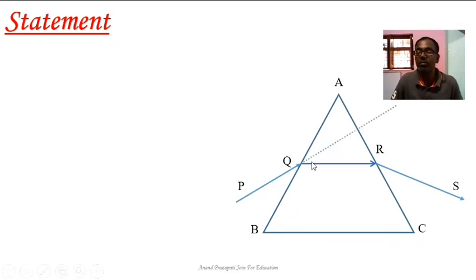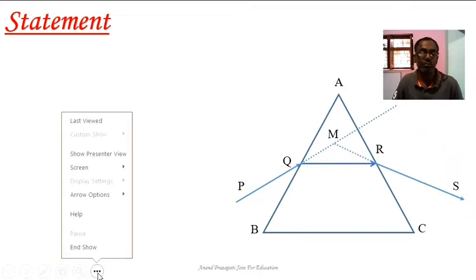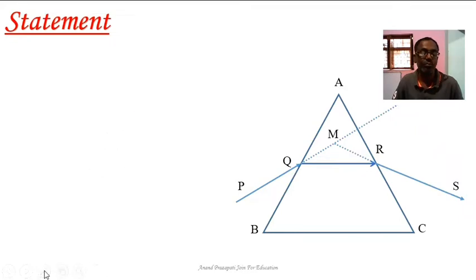We extend PQ, and we extend RS backwards, and they intersect each other at M. So this is the angle of deviation, and the angle of deviation is generally denoted by the small Greek letter delta.